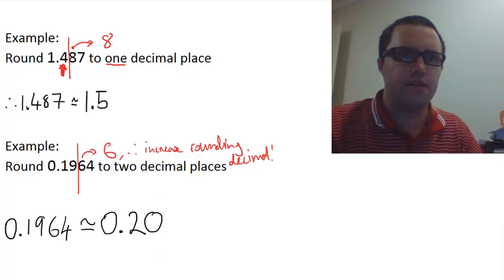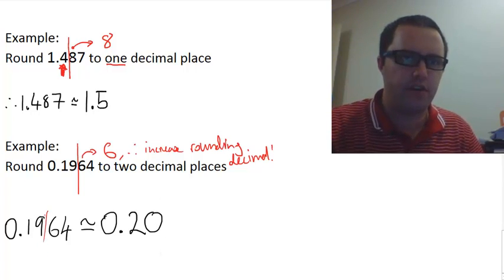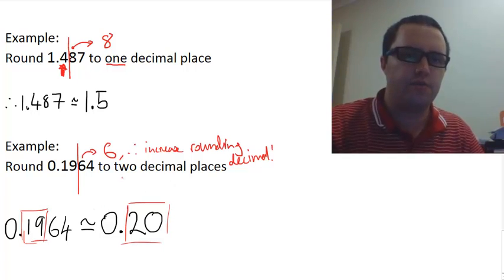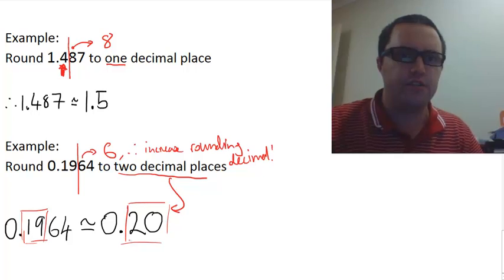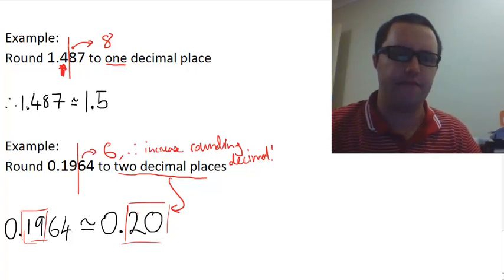You can think about it that we have 19 here, and 19 plus 1 is 20. We needed 2 decimal places, which is why I still have 2 decimal places in my answer here. So that one's a little tricky.